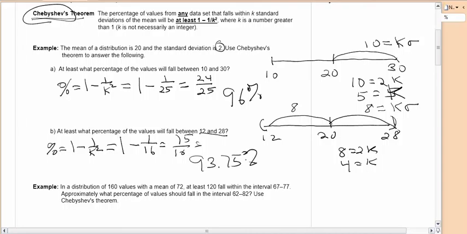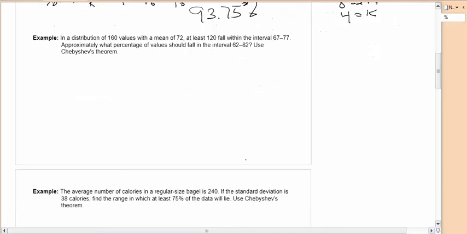All right, moving on. You can always stop the video and rework it, right? We now have a distribution of 160 data values that has a mean of 72 and at least 120 fall within the interval 67 to 77. What percentage of the values should fall in the interval 62 to 82? So this one's a little bit different here.